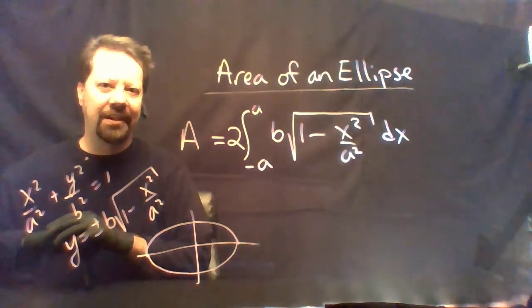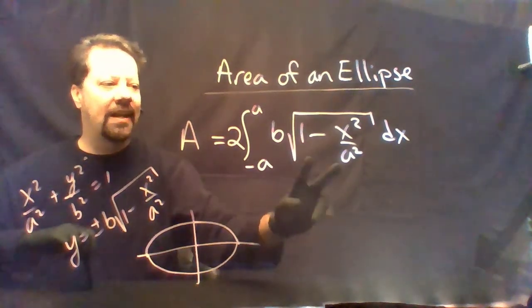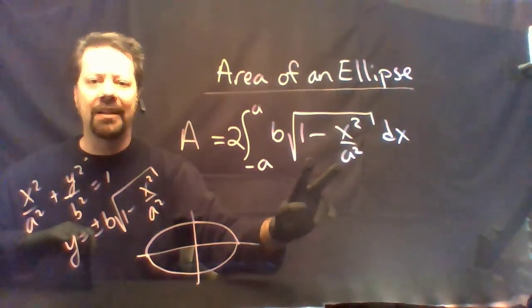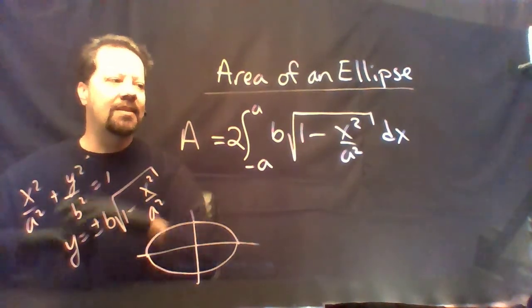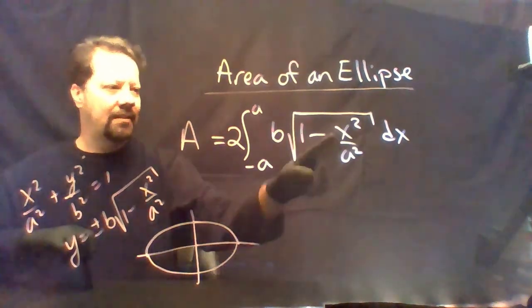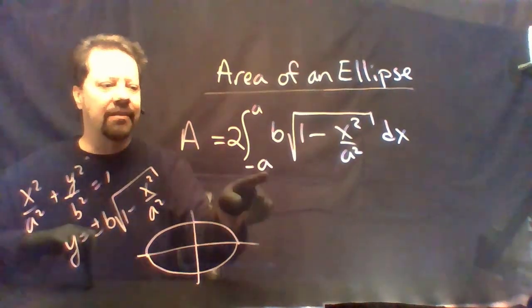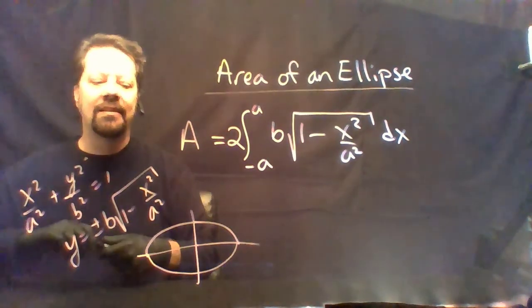What is the method of integration? Since we have the difference of squares under a radical, this is definitely a trigonometric substitution. But first, let's simplify this just a bit. The integrand is an even function of x, and we are integrating from negative a to a.